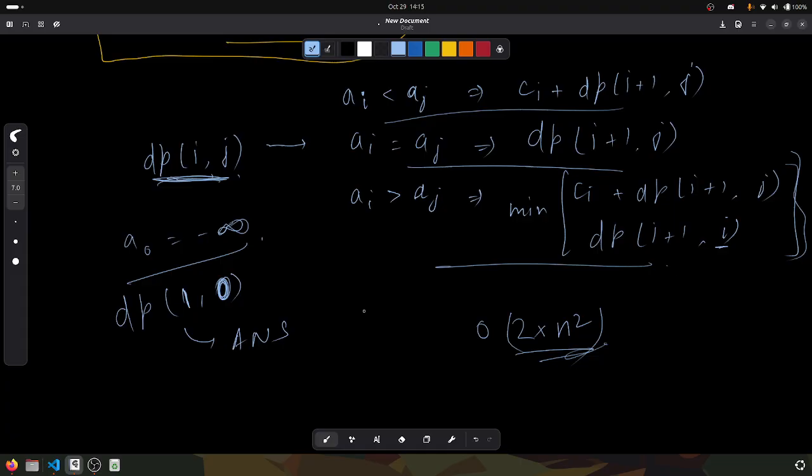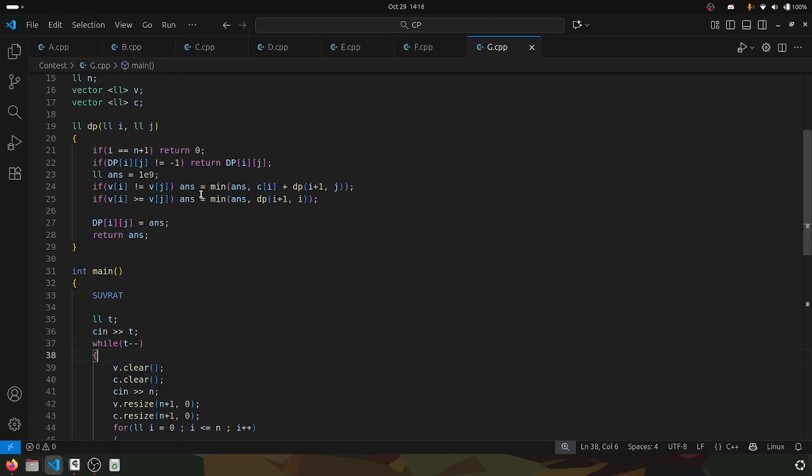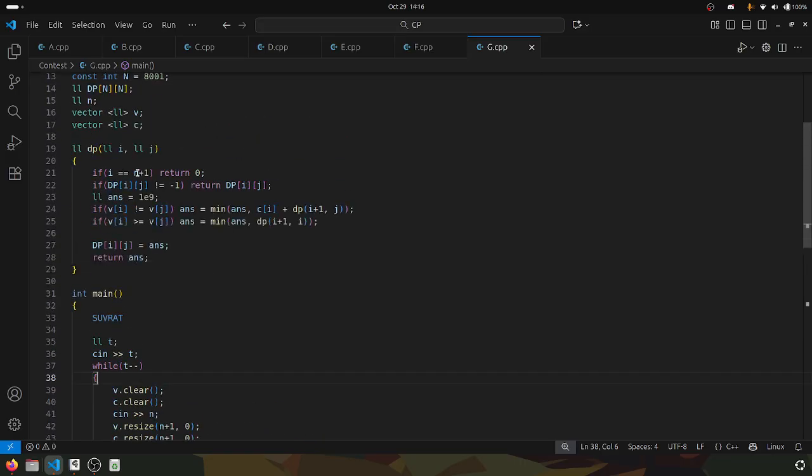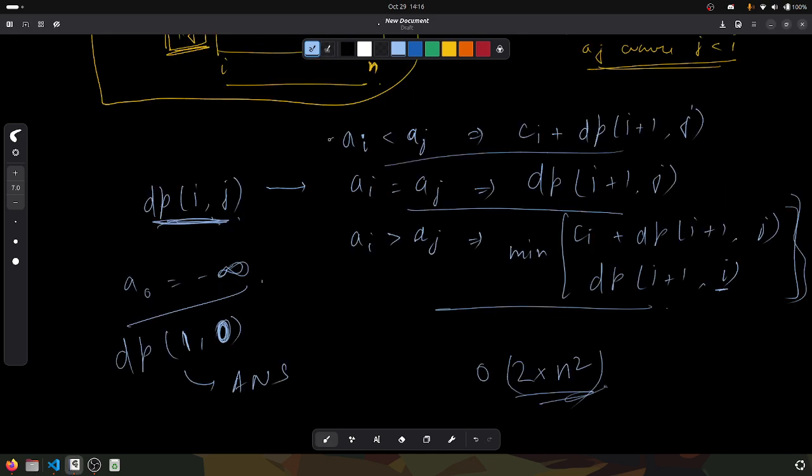I'll show you guys the code now. So this is the dp i comma j. The cases that I talked about: if v of i is not equal to v of j, that covers these two cases. Since these two cases have this transition in common, ci plus dp i plus 1 comma j.